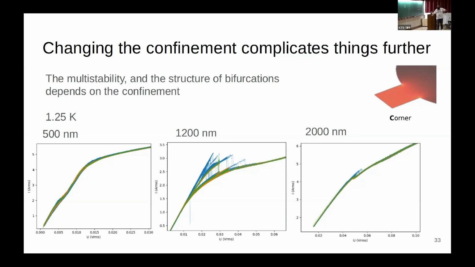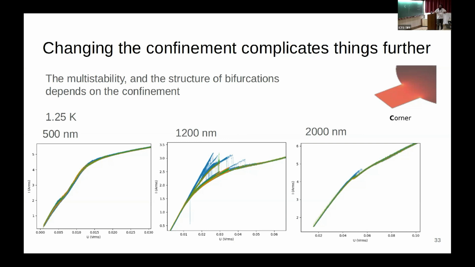in such a way that it becomes more multi-stable in one direction. For example, in the simplest case for the corner device, at 500 nanometers and 1.25 K, we basically see just a continuous and reversible transition. At 1.2 micrometers, we see fairly complicated hysteretic and multi-stable behavior.